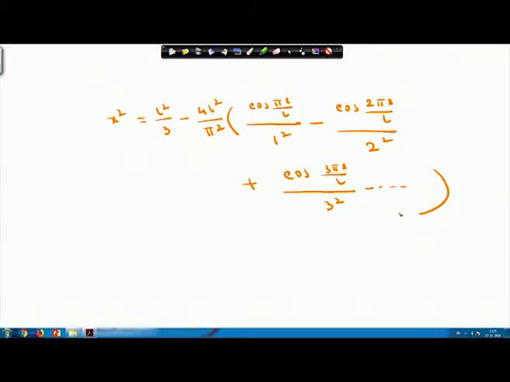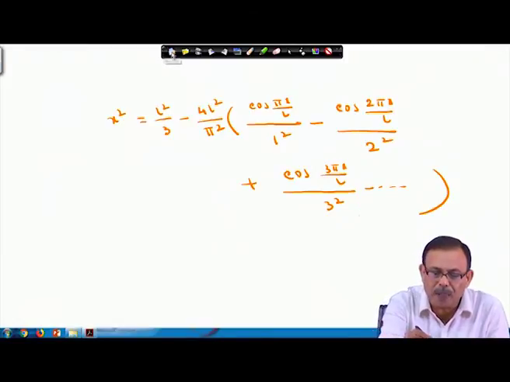So, therefore, if x square is defined in this range, then x square can be expressed in terms of Fourier series like this way.